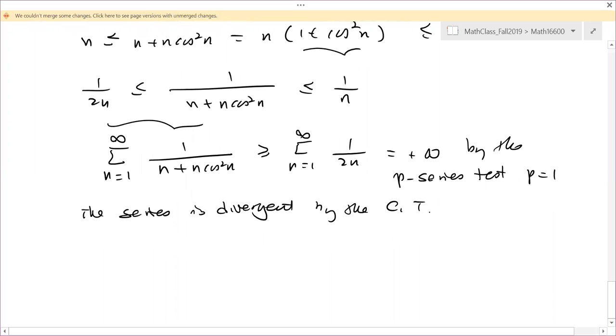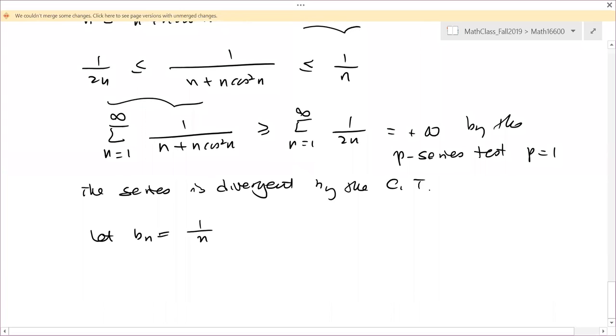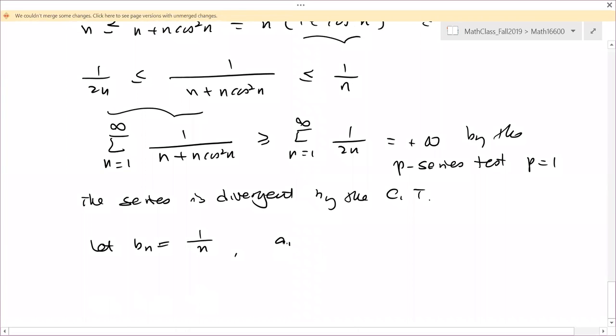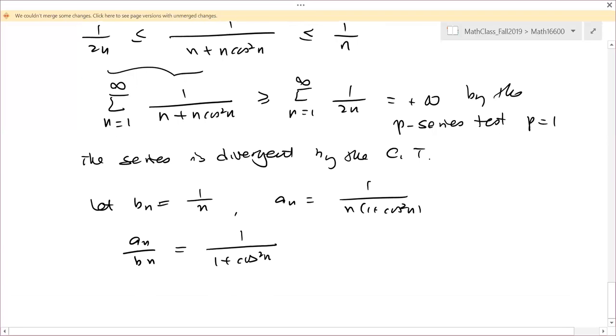If you choose Bn to be 1 over n, how do you find the limit? Let Bn be 1 over n. Then how about the limits? If you look at the limit, I think n cancels out, but this one doesn't have a limit.